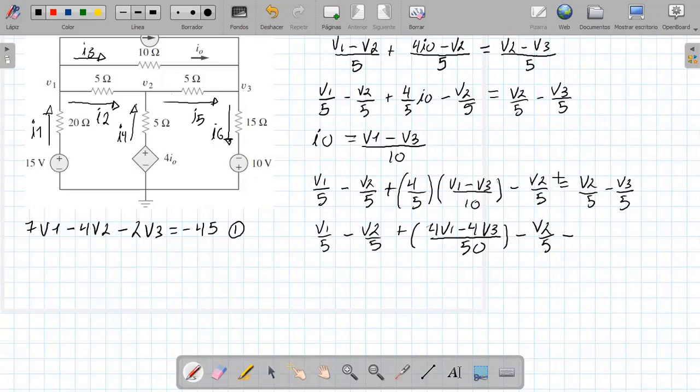Let's notice that this one is here. From this side I'm still going to pass it to the other side. It will be minus V2 over 5 plus V3 over 5 equals 0. I continue to operate this, which would have V1 over 5 minus V2 over 5 plus 4 over 50 V1.